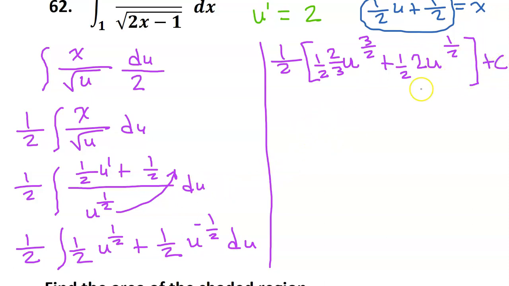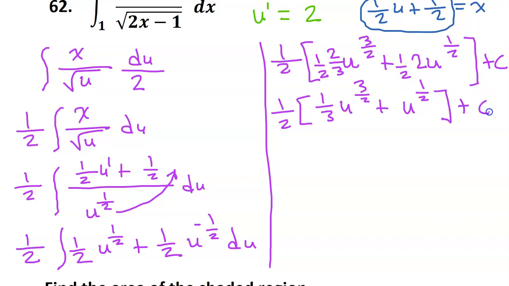I need the plus c because I'm still doing the indefinite integral for now. Let's simplify a little bit. So I have 1/2 times, these twos cancel out, so I have 1/3 u to the 3/2 power. These twos cancel out, so I just have u to the 1/2 power plus c.